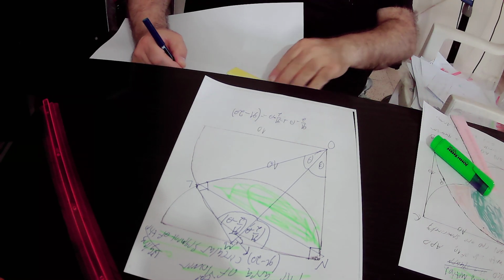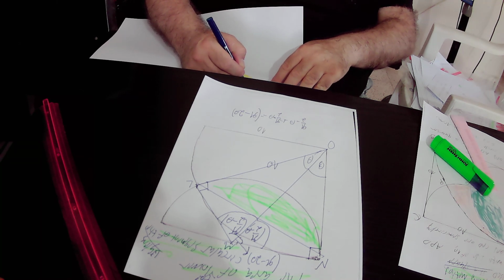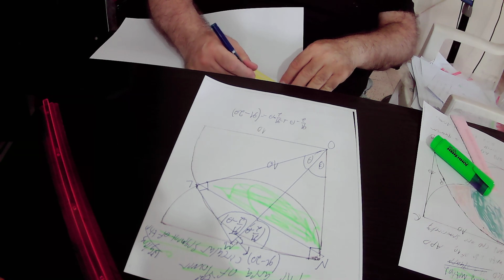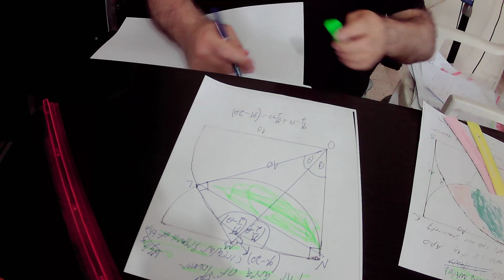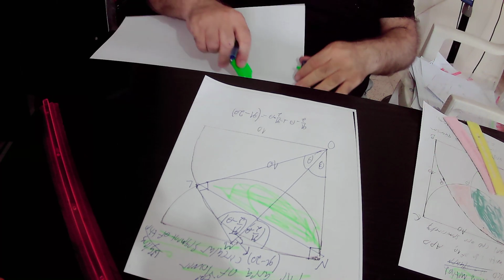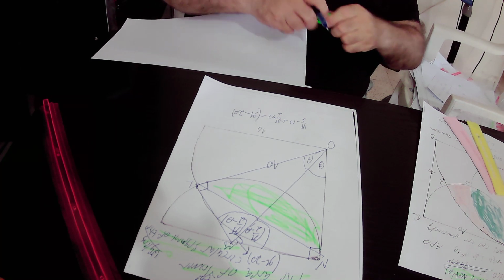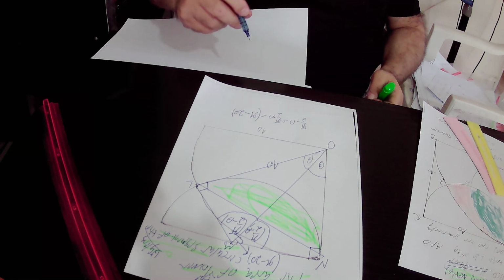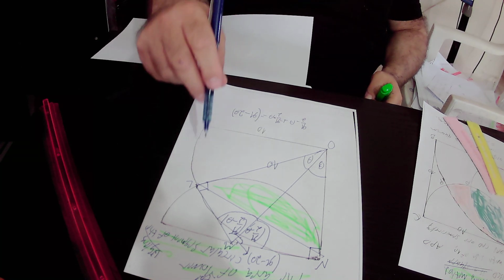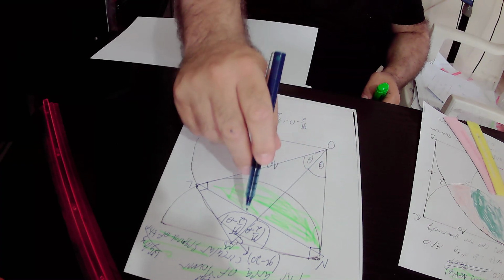The area of the lower circular segment NL is equal to the area of sector NML minus the area of triangle NML.